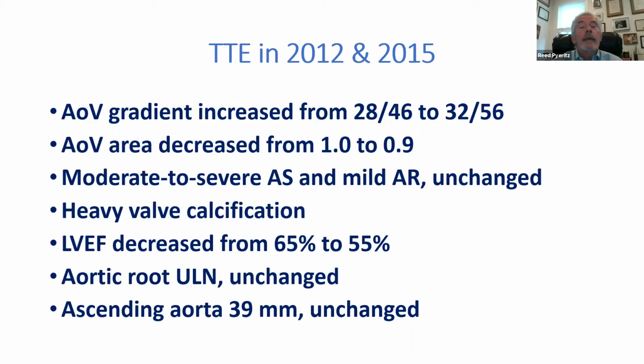The degree of leakage didn't change. The amount of calcification in the valve itself was extreme. The heart muscle was struggling more and more to pump out the blood, and the size of the aorta hadn't changed.